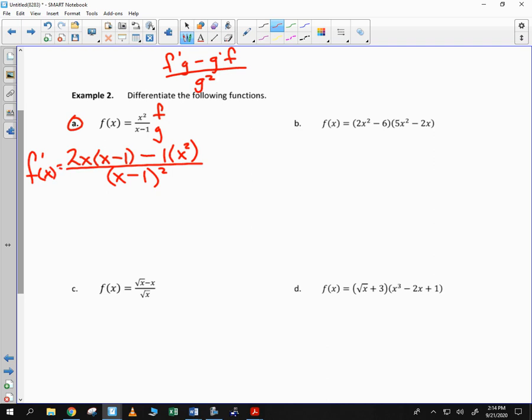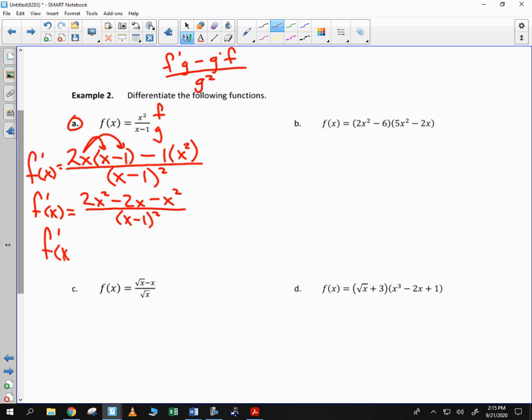Now, we can simplify by combining some like terms. So if you look at the top, f prime of x is equal to, if we distribute this 2x through, we get a 2x squared. We get a minus 2x. We get a minus x squared, all over x minus 1 quantity squared.